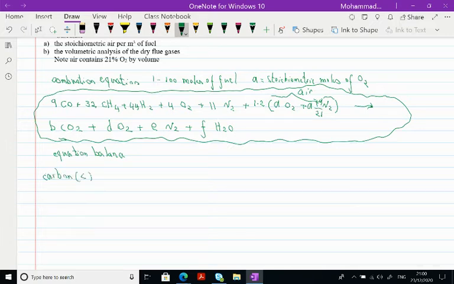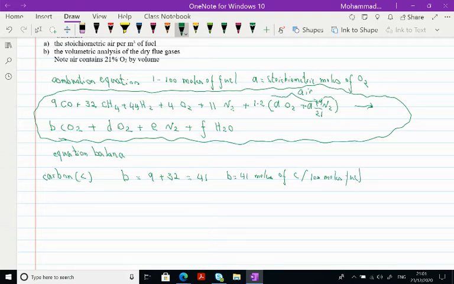On the left hand side the coefficient of carbon is B, and on the right hand side we have got 9 plus 32, and that's it. And this is equal to 41. So B is equal to 41 moles of carbon per 100 moles of fuel.